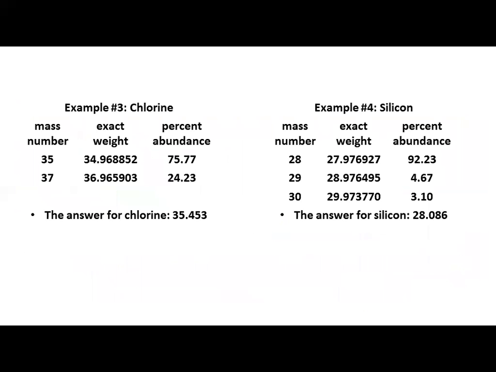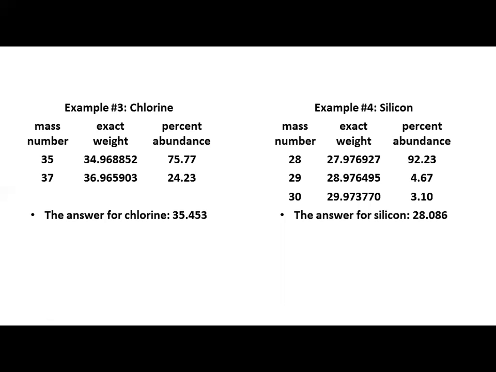Another example, for which I have already mentioned the answer over here. Example number 3 is for chlorine, Cl, where 2 masses are available. This is the mass number, and it should always be a whole number, and this is the exact mass that we are going to use to calculate the average atomic mass.